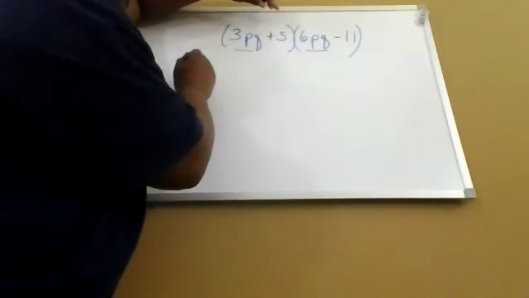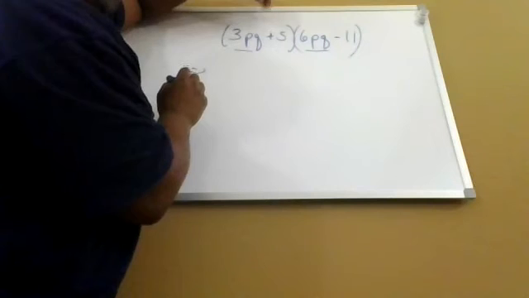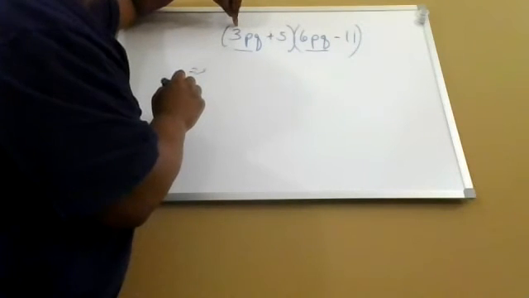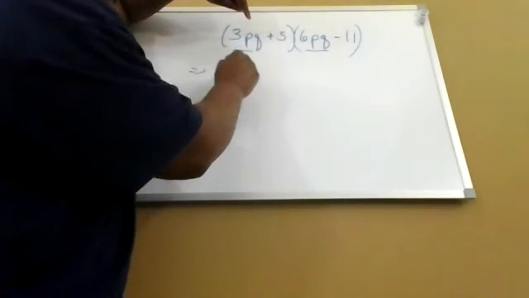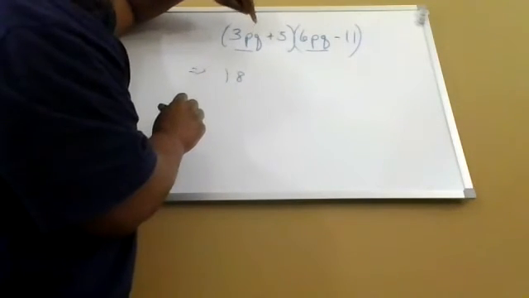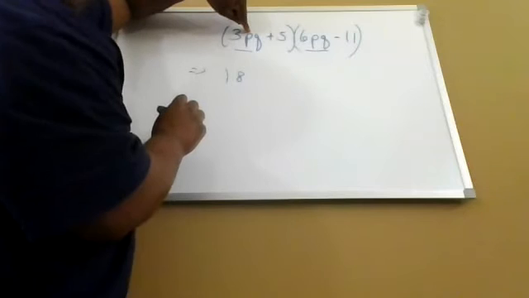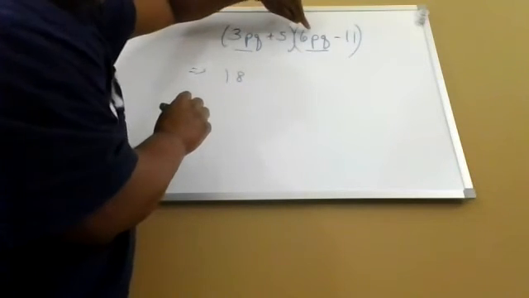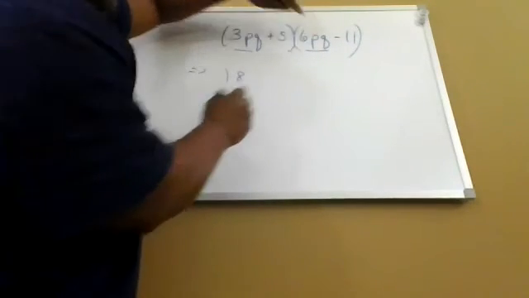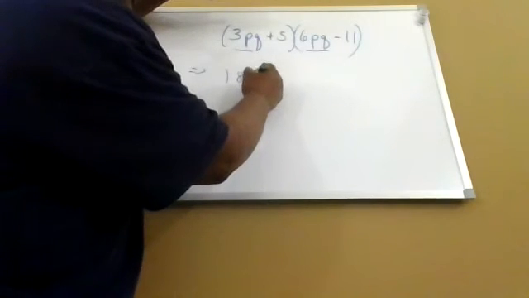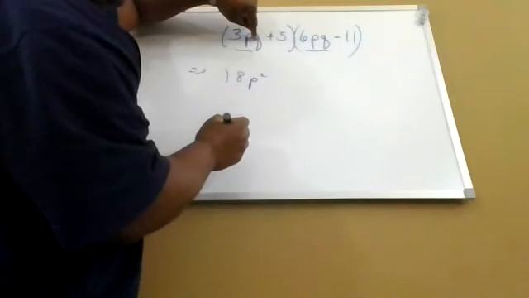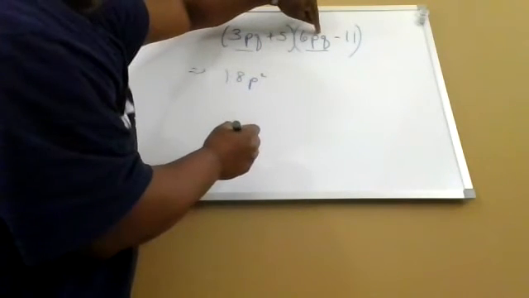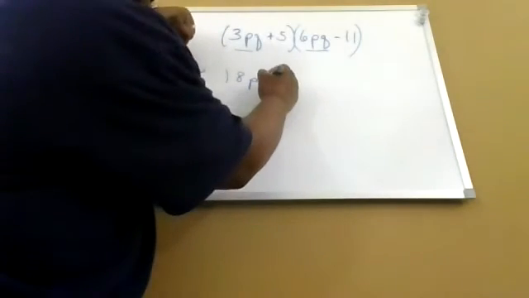And that's going to give me, well, 3 times 6 is 18. P times P is P squared. Then Q times Q is Q squared.